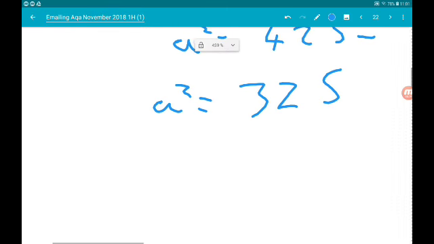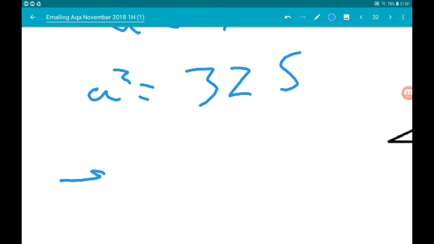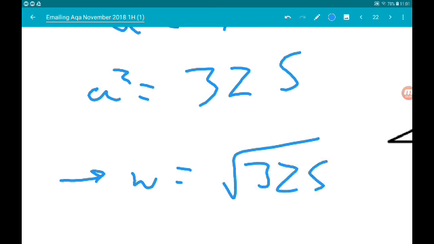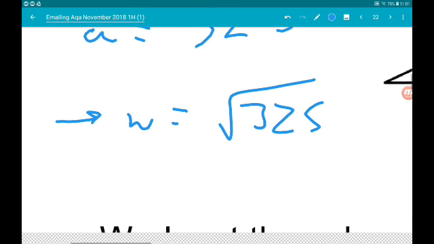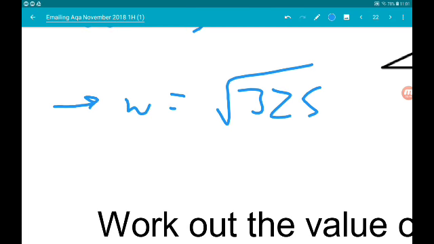So we can now get then that W is root 325. Lovely. Now then, we need to think of a square number that goes into 325, which is 25.